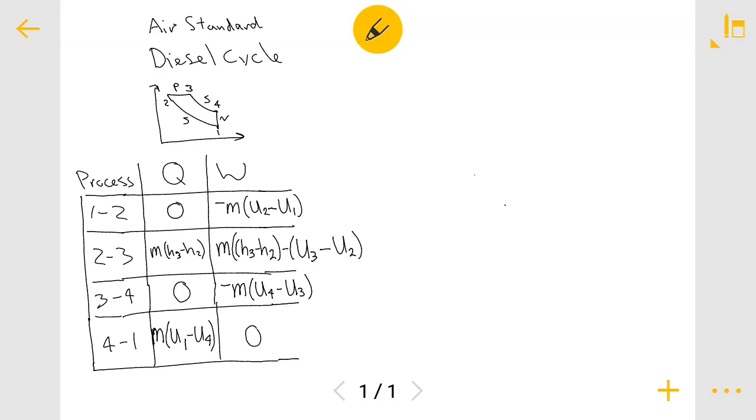Okay, let's look at the diesel cycle from an air standard framework. So we're not going to assume that the specific heats are constant, in which case we're going to need to use the ideal gas tables.